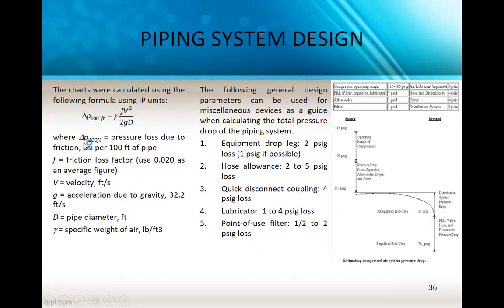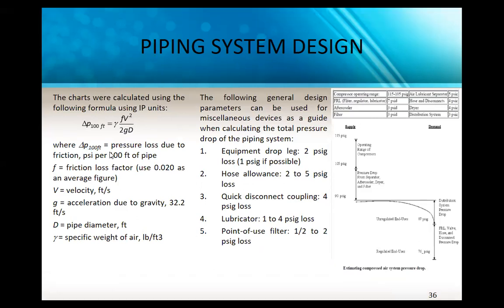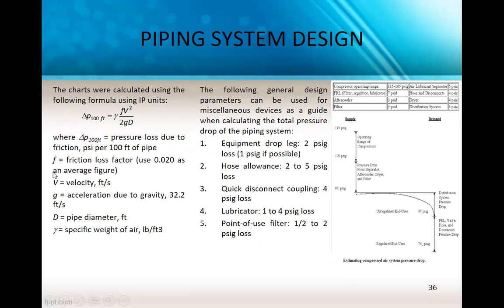Delta P per 100 feet is the pressure loss due to friction, PSI per 100 feet of pipe. f is the friction loss factor; use 0.02 as an average figure. v is velocity in feet per second. g is acceleration due to gravity, 32.2. D is pipe diameter in feet. And gamma is the specific weight of air.